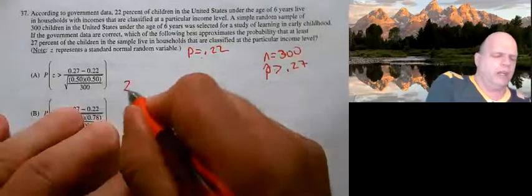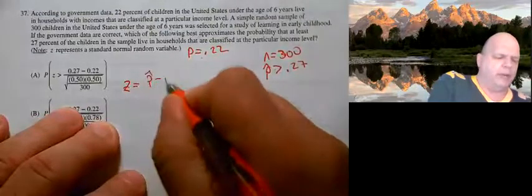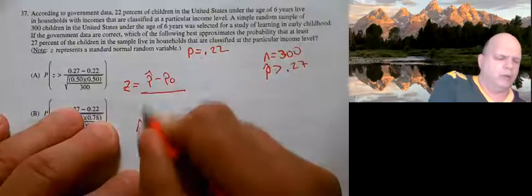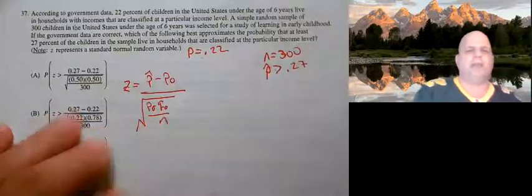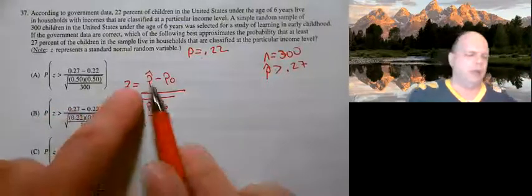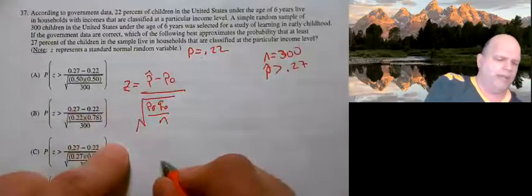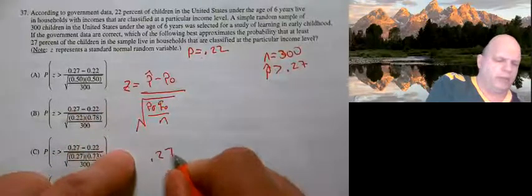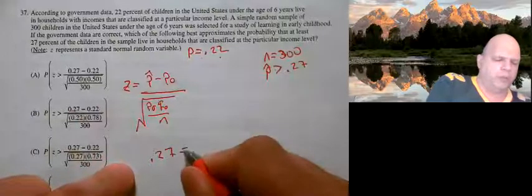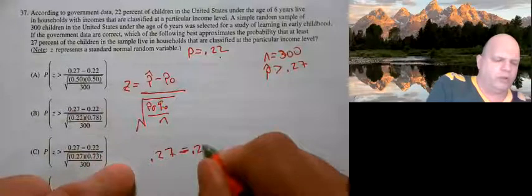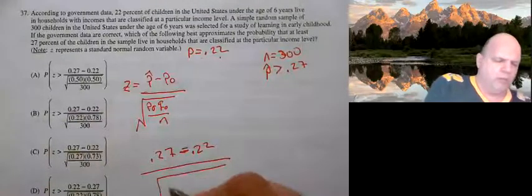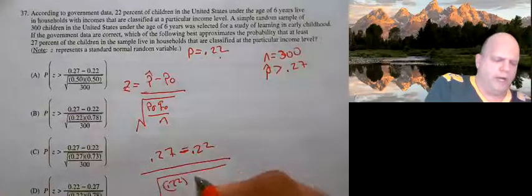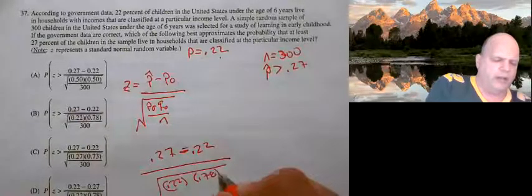Well, z equals p hat minus p naught over the square root of p naught q naught over n. Please pay careful attention to the formula. So p hat is 0.27. That's from the sample. The claim is 0.22, so minus 0.22 over 0.22 times 1 minus 0.22, which is 0.78, over 300.